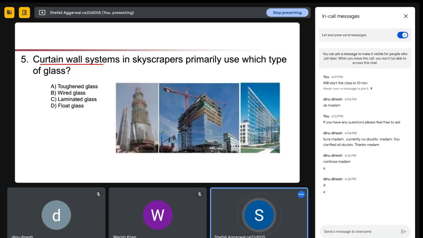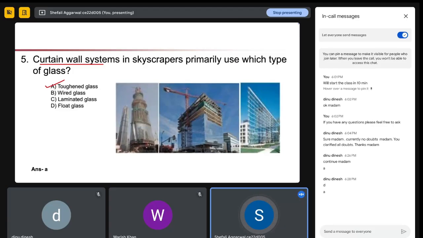So for this curtain wall system the options are Teflon glass, wired, laminated, or float. So this is generally a Teflon glass or tempered glass.